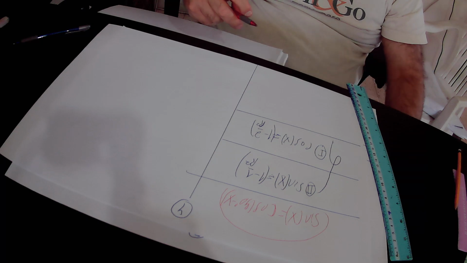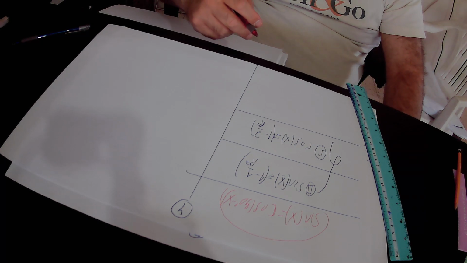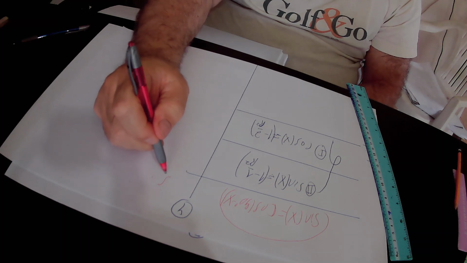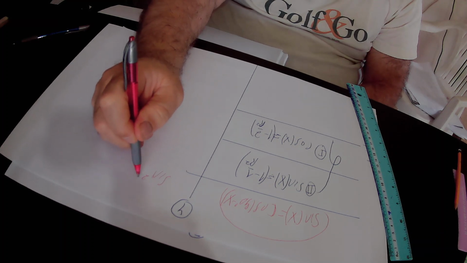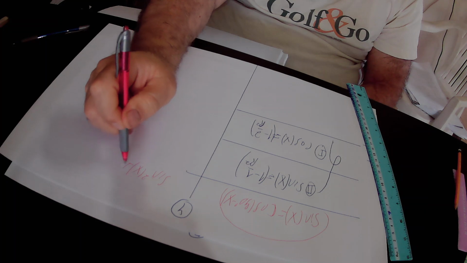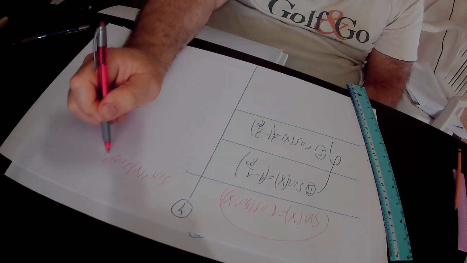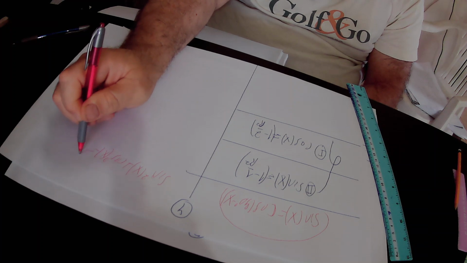In the next step, we'll use the following trigonometric identity that says that sin squared x plus cosine squared x equals 1.